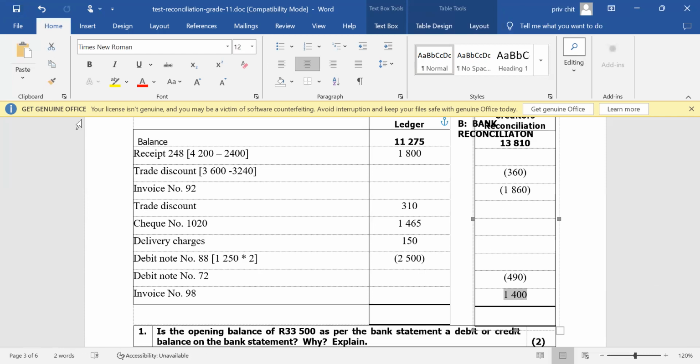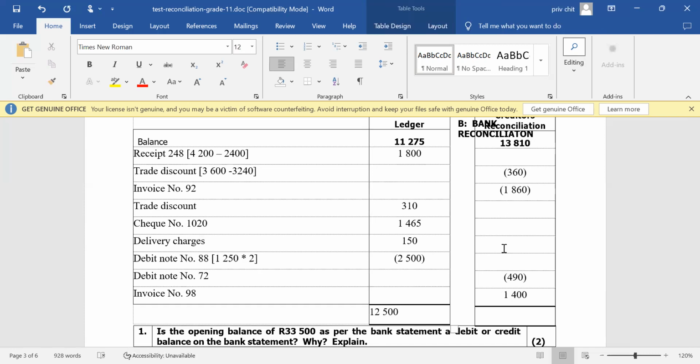Now, I want you to totalize this side and this side. They are supposed to give you the same amount. If they are giving you the same value, then it means your reconciliation is correct. Use your calculator and tell me how much you are getting for the first column and also for the second column. I'm getting 12,500 on the first one.